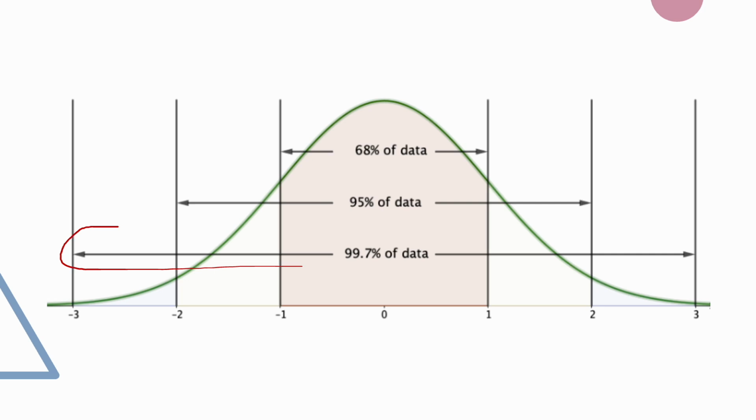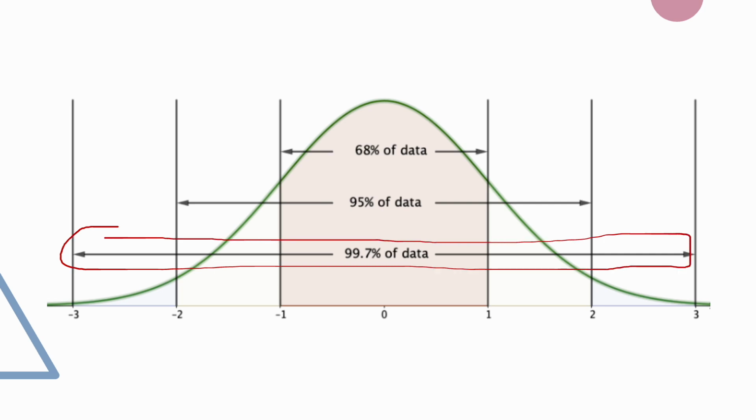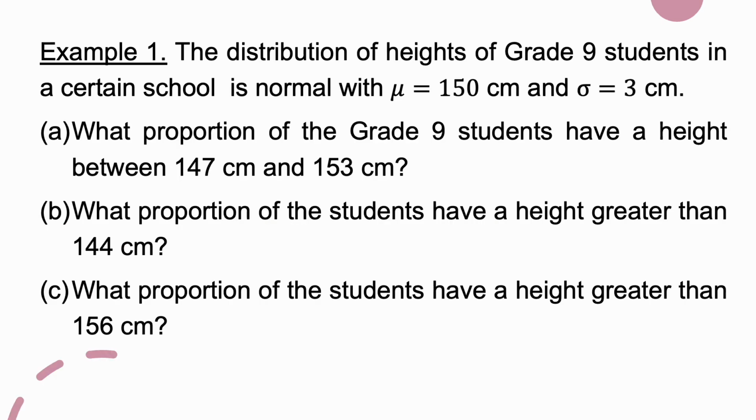And 3 standard deviations from the mean, 99.7% na ng data values natin yung nandoon. So yung remaining 0.3%, yun na yung more than 3 standard deviations from the mean. Note that yung buong proportion nito is 100%. Okay? So pag sinabi nating area ng normal curve, parang sinasabi natin that is equal to 1. Kasi nga 100% yung ating proportion.